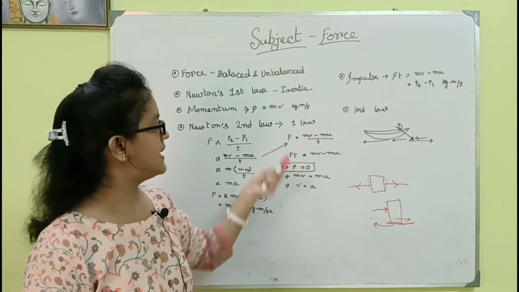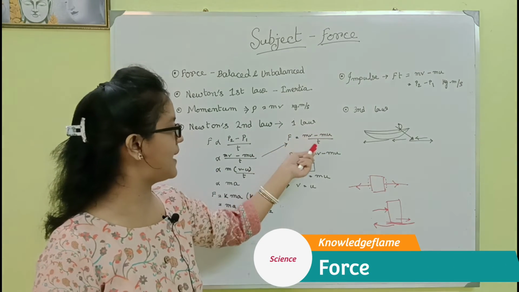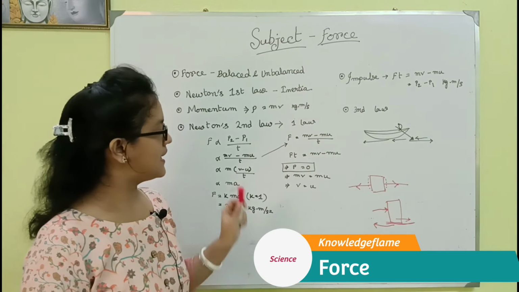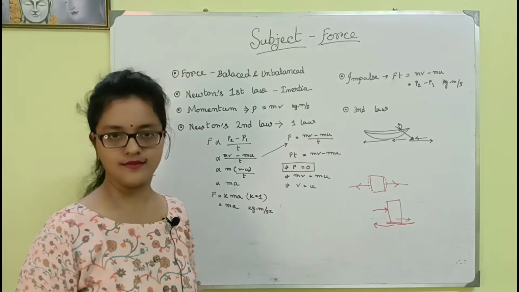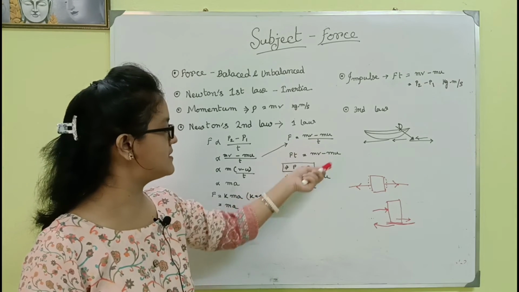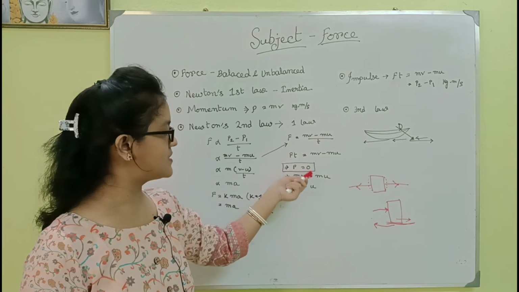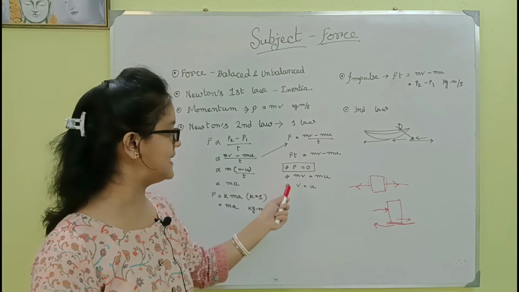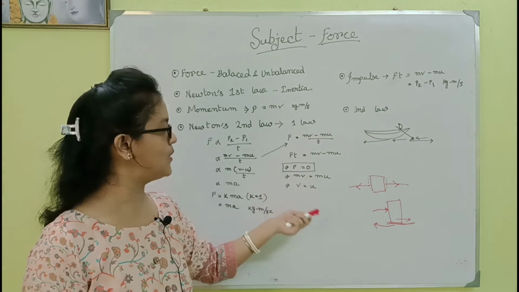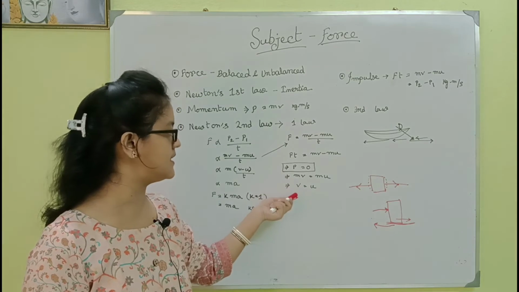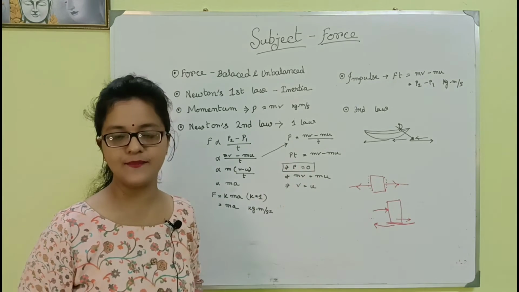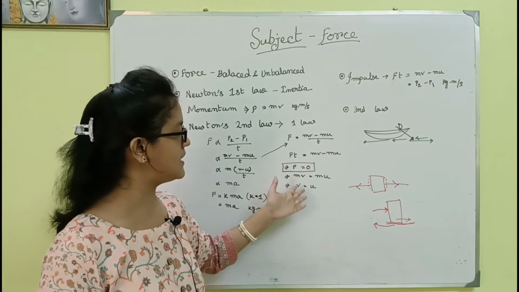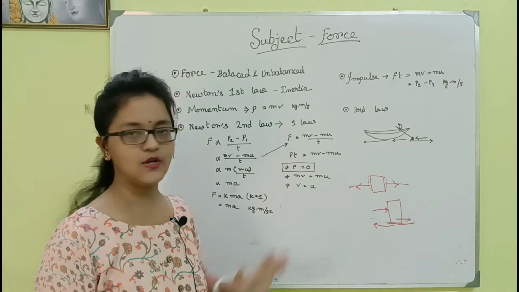If F is 0, from this formula, mv is equal to mu, and the m's cancel. So v is equal to u, the final velocity is equal to the initial velocity. From the second law, we get v is equal to u when F is 0.